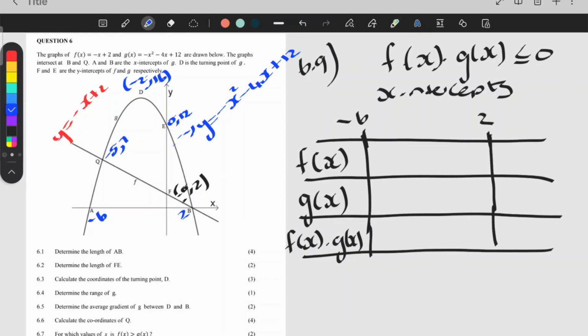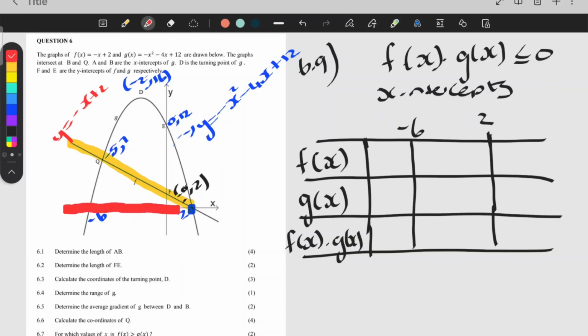So the point I'm looking at is the x-intercept. So what happens before and what happens after? So from here to the x-intercept, because that's the x-intercept just there, is the straight line above the x-axis or below? So let's highlight the x-axis so you can see.